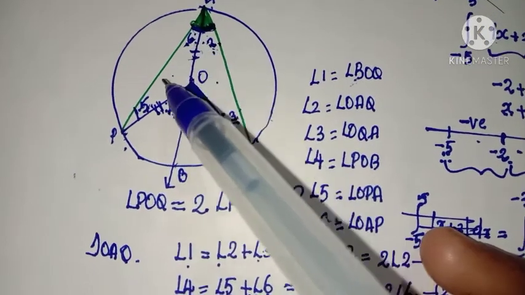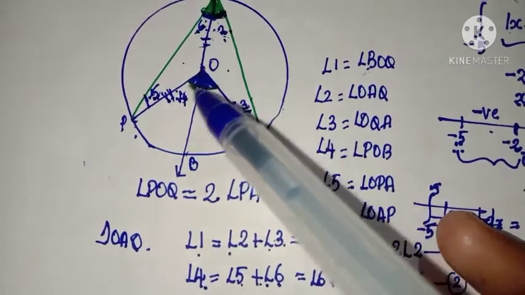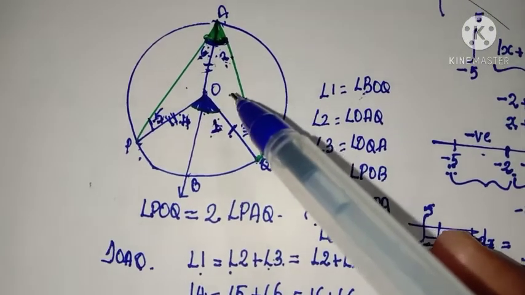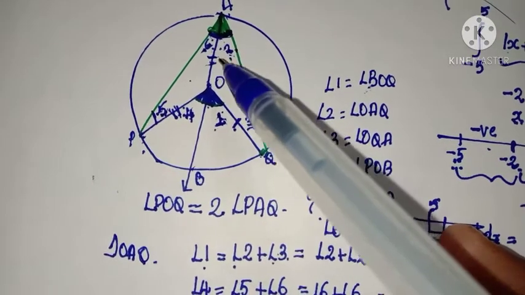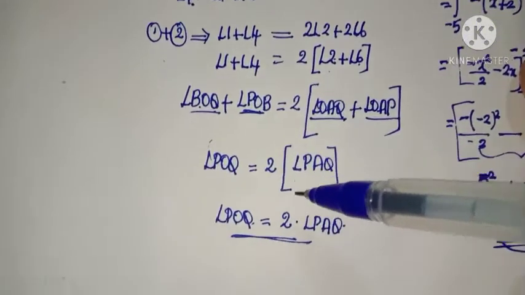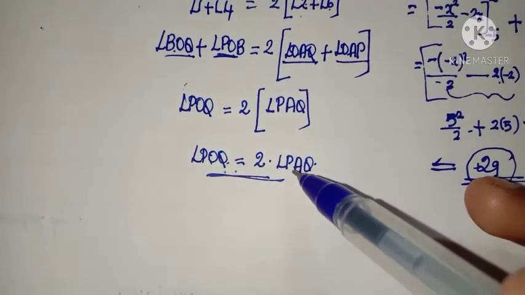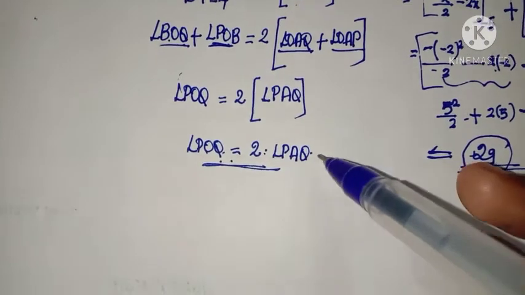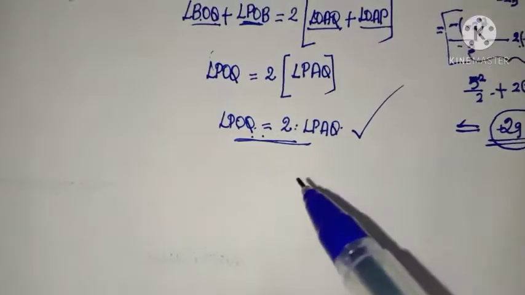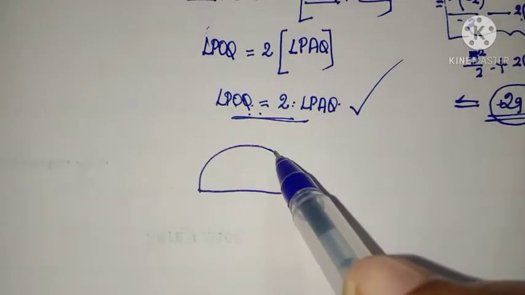Is that clear? To replace angle 3 and angle 5, we applied another result. What is the result? Angles opposite to equal sides are equal. So, using the result, we saw that angle POQ is equal to 2 into angle PAQ. Similarly, we can prove the other two cases also.